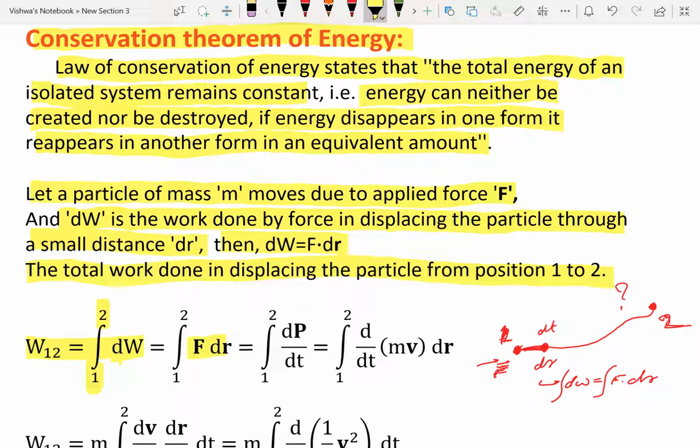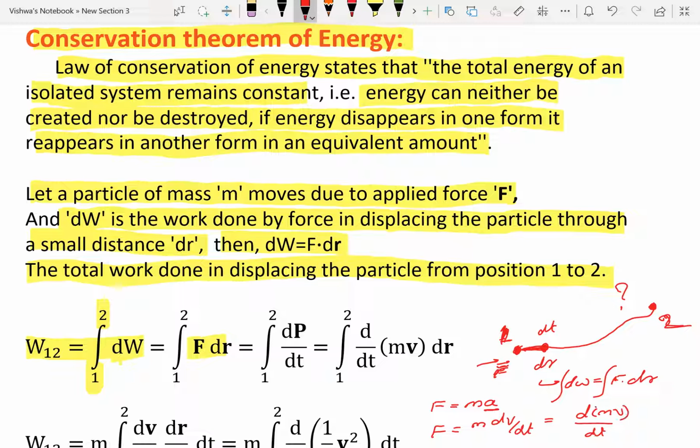According to Newton's laws of motion, the force F equals ma. What is a? a is acceleration. So in terms of velocity, this expression can be written as m into dv by dt, so we can write it as d of mv by dt.